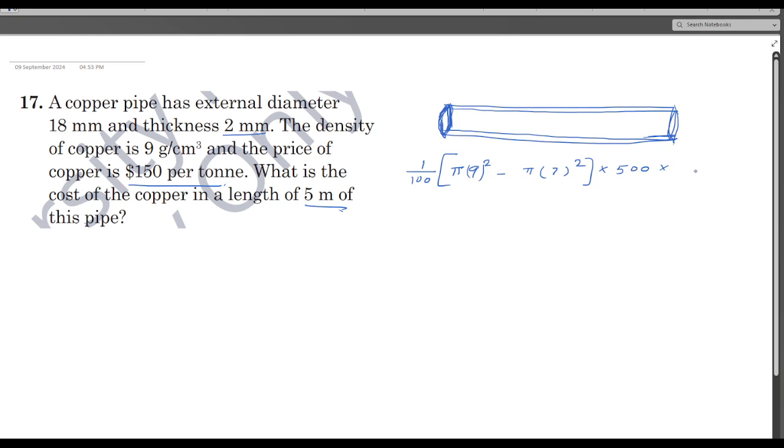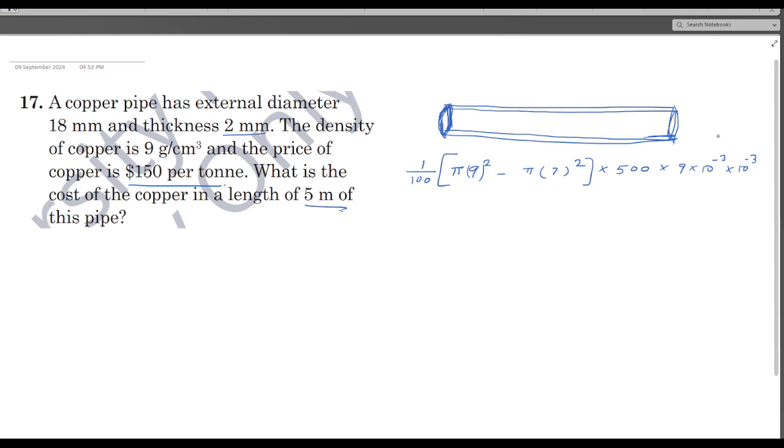Now this volume will be multiplied by density, which is 9. So the total result which I get will be in grams. I have to convert it in ton. So to convert gram to kilogram, I will multiply by 10 power minus 3, and then from kilogram to ton, again I will multiply by 10 power minus 3, because 1 kilogram is equal to 1000 gram, and 1 ton is equal to 1000 kilogram.